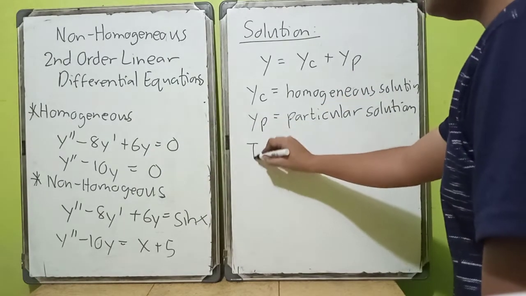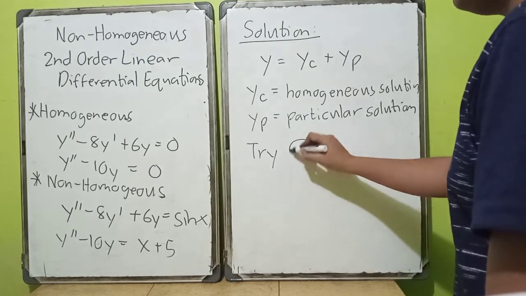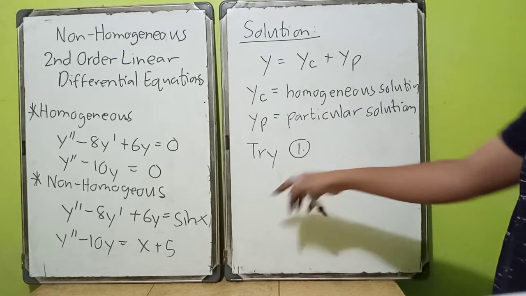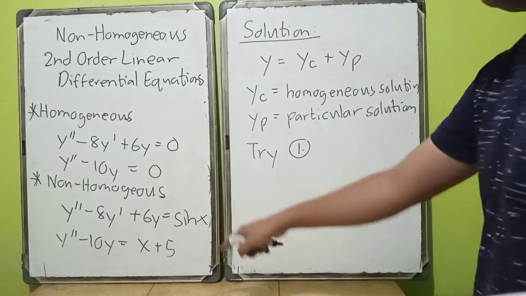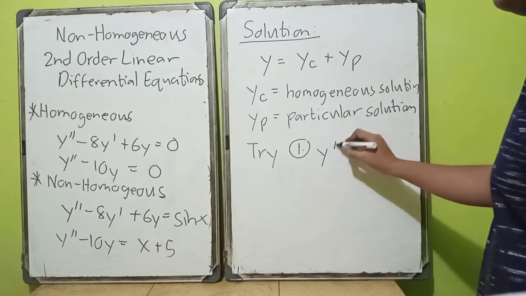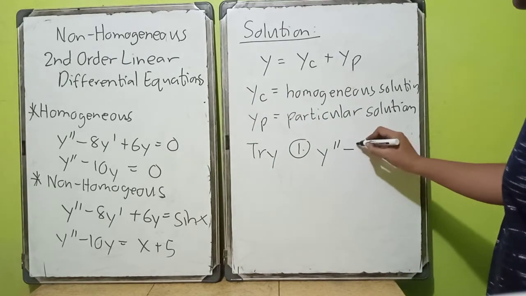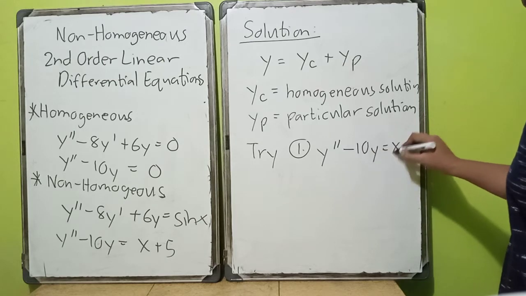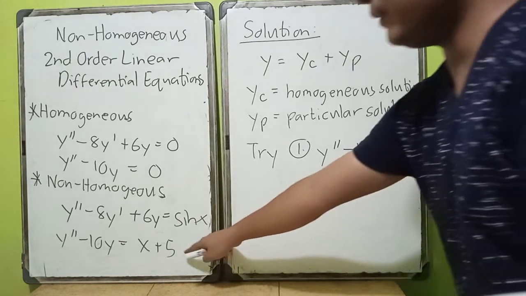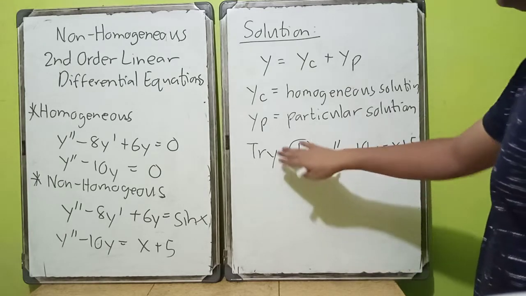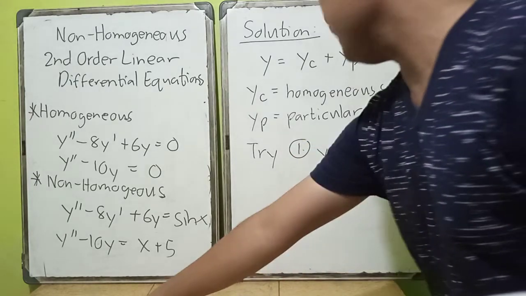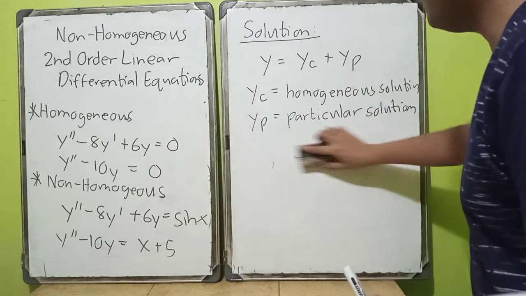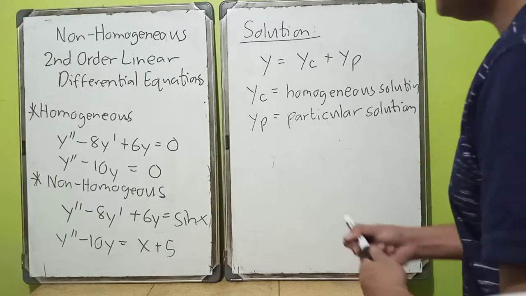Okay, so let's have example number 1. So let's try y double prime minus 10y is equal to x plus 5. Okay, so we are talking about the solution. Okay. So erase muna natin. So example, sabi natin example number 1.